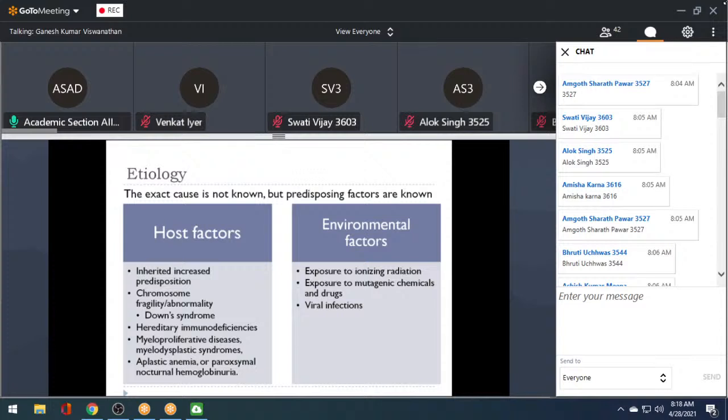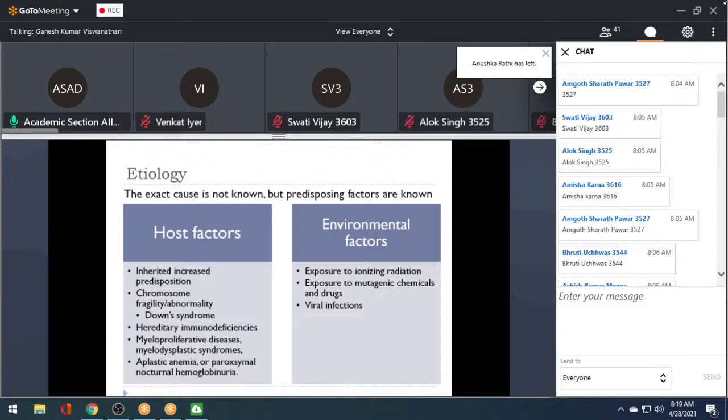There can be immunodeficiencies. There can be myeloproliferative disorders or syndromes, which over a course of time can lead on to acute leukemias. And there are some bone marrow failure syndromes, aplastic anemia, paroxysmal nocturnal hemoglobinuria. These all over time can lead on to acute leukemias or are related with acute leukemias.